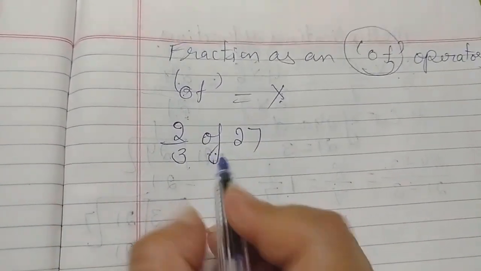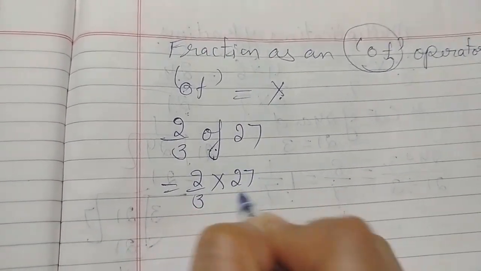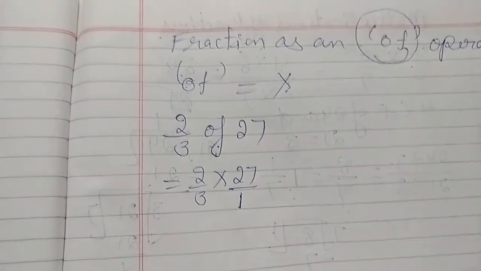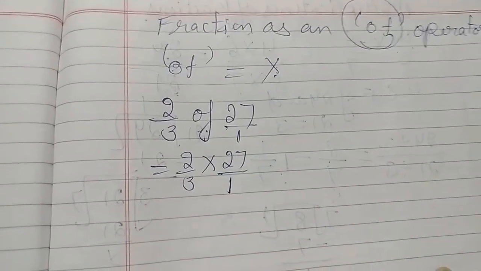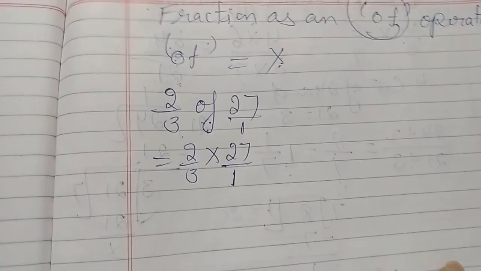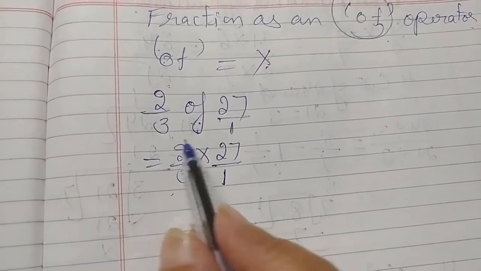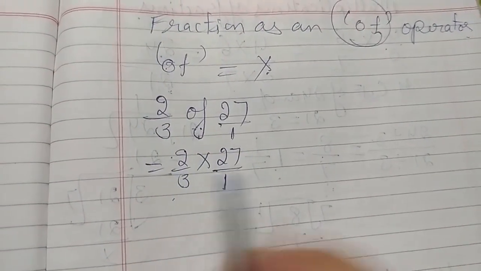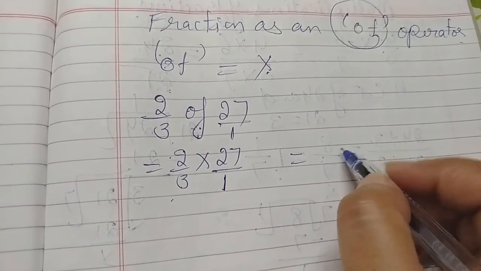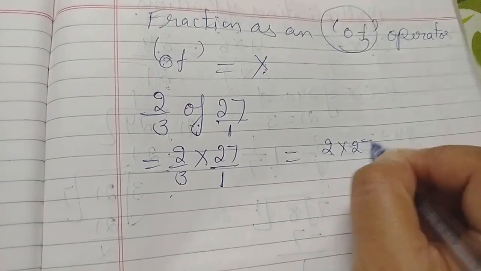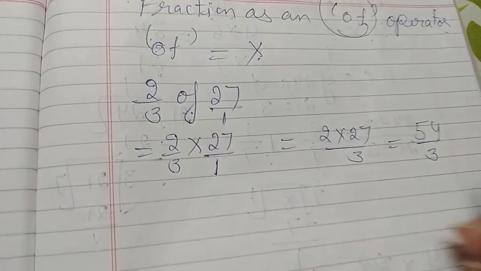When you convert this 'of', that gives you 2 by 3 multiplied by 27, and if no denominator is written, you consider that the denominator is 1. Same case is there. Either you can multiply directly, like here, 2 into 27 by 3, that gives you 54 by 3.